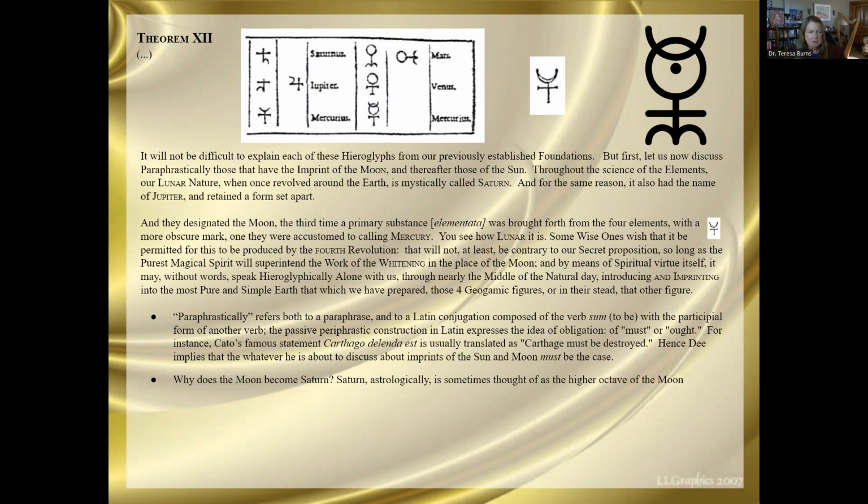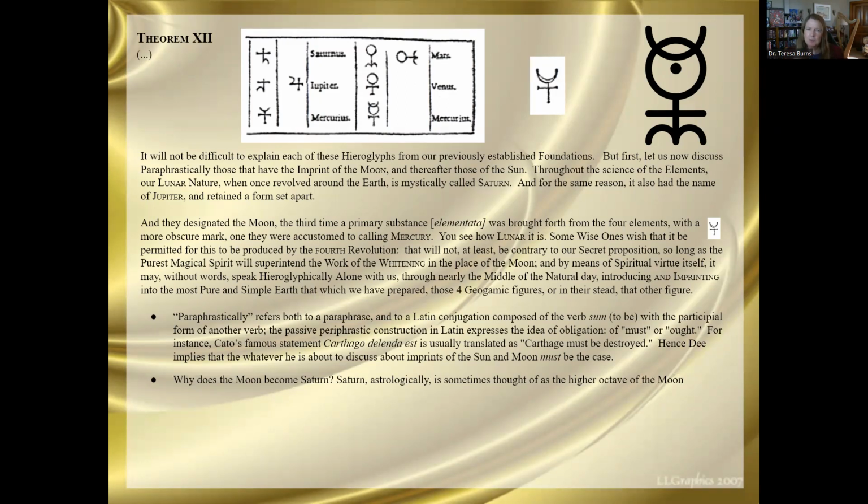"Through the science of the elements, our lunar nature, when once revolved around the Earth, is mystically called Saturn." Why does the moon become Saturn? If you're an astrologer, you might say, oh, because Saturn is the higher octave of the moon. Okay, that's possible. Also, notice it says "our lunar nature," so it's our humans' lunar nature.